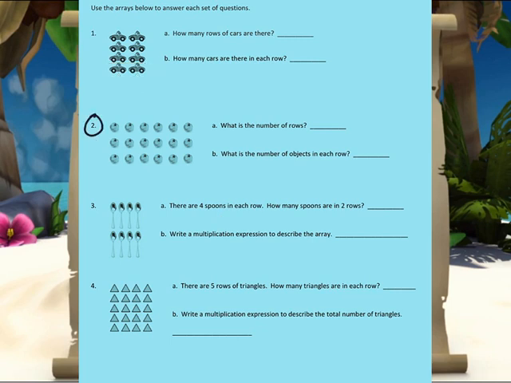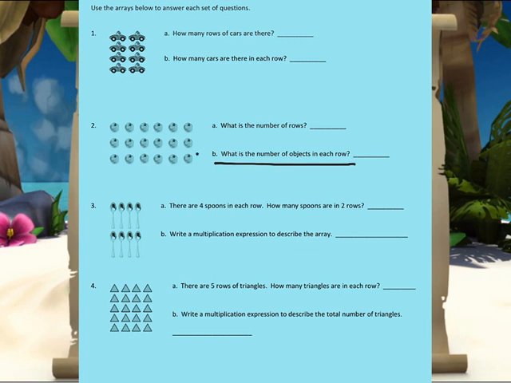In this question number 2, what is the number of rows? So here we have to count the number of rows. So row 1, row 2, and row 3. So there are 3 rows in this picture. So let us write 3. Okay. The next question is, what is the number of objects in each row?